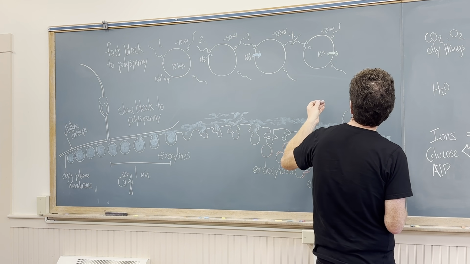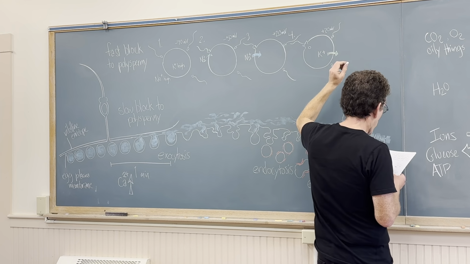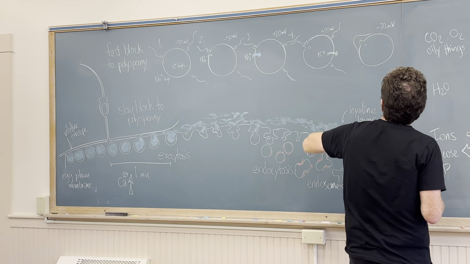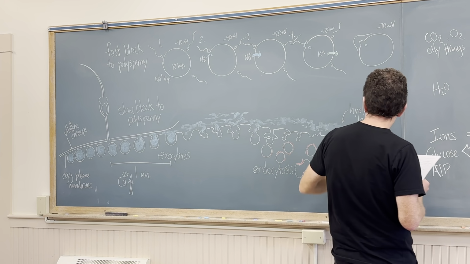Letting potassium out, again, ultimately drops the membrane potential back down to 70 millivolts as the sperm is fully engulfed, the fertilization envelope starts to rise, and here's the sperm head in there again.